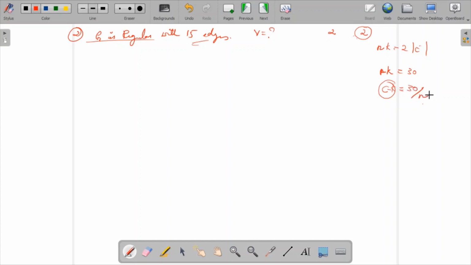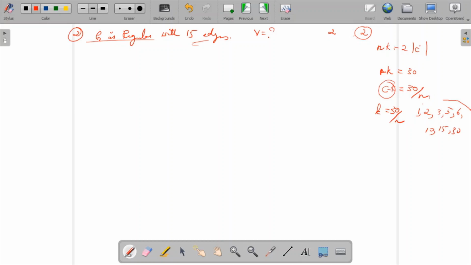So this n value can be either 1. It goes well with 2. 30 is divisible by 2 and 30 is divisible by 3, whereas 4 is not divisible. It has to be a positive integer, right? It cannot be a decimal number. So 30 is divisible by 1, 2, 3. 4 is not possible. 5 it is divisible, 6 it is divisible, 10 it is divisible, then 15 and 30.